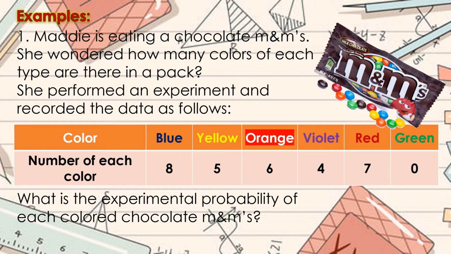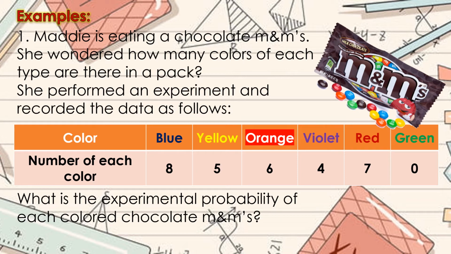Example number 1. Maddie is eating chocolate M&Ms. She wondered how many colors of each type are there in a pack. O, sinong gumagawa nito? Kapag bumibili ng M&M, pagsasama-samahin niya magkakakulay, unang kakainin ang red colored chocolate, blue, yellow. Ayan. Ito ang ating masayang pagkabata.